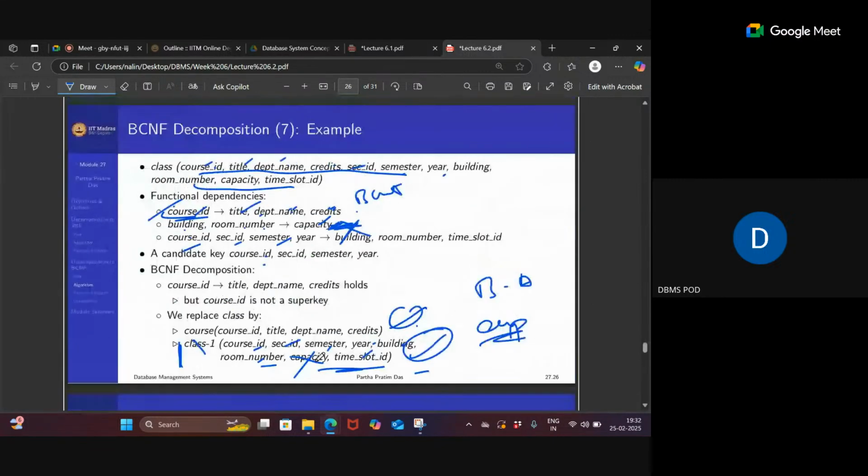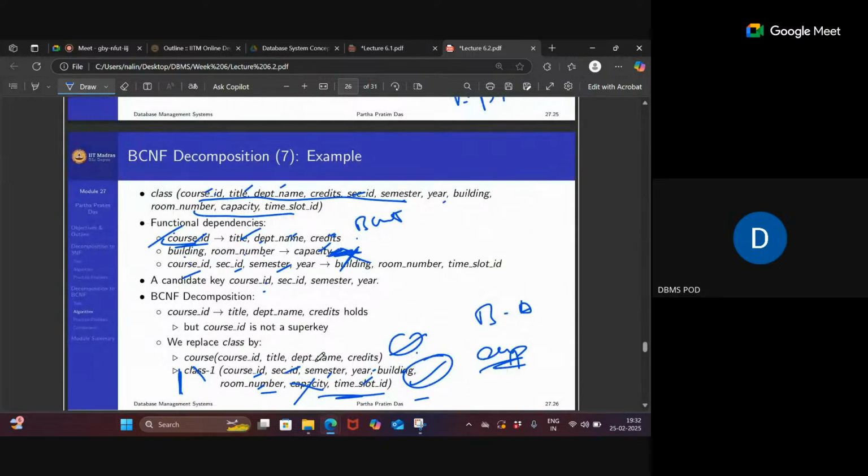Another example, just to see the dependencies which are violating BCNF. That violating dependency we make into one table, and the other table could be R minus... let us say alpha determines beta. Then this is breaking the BCNF rule.